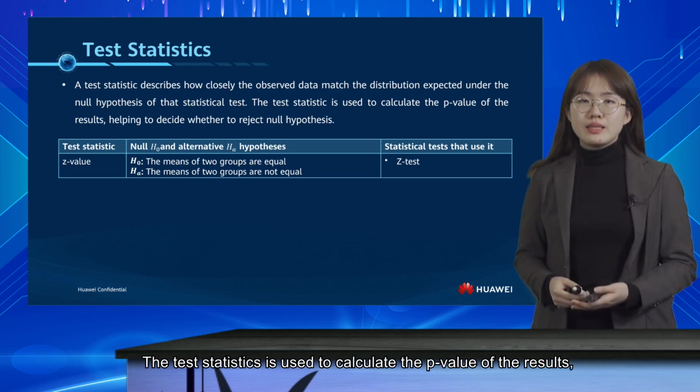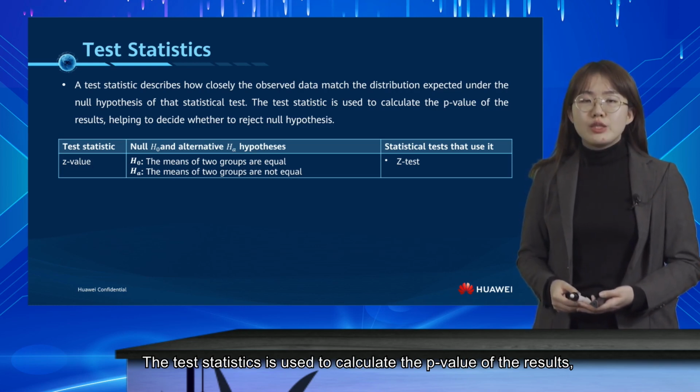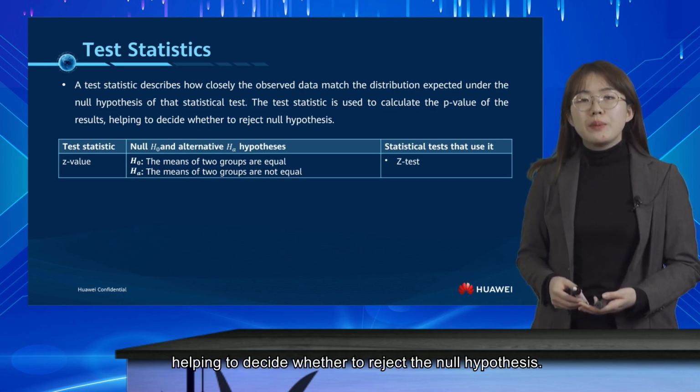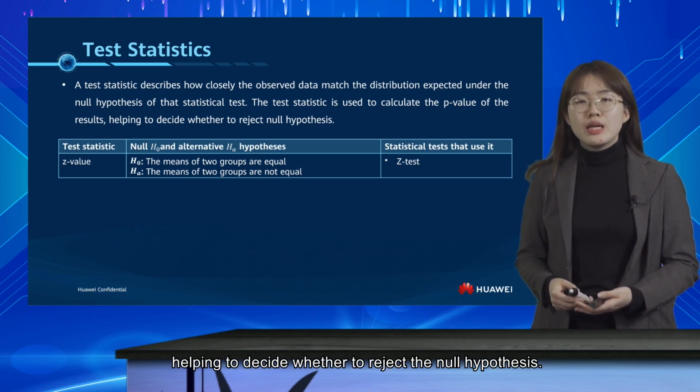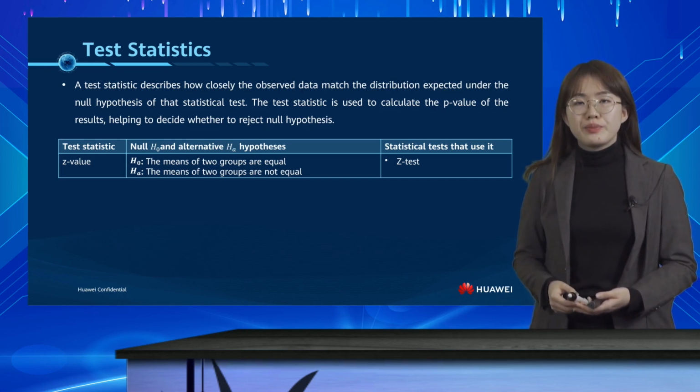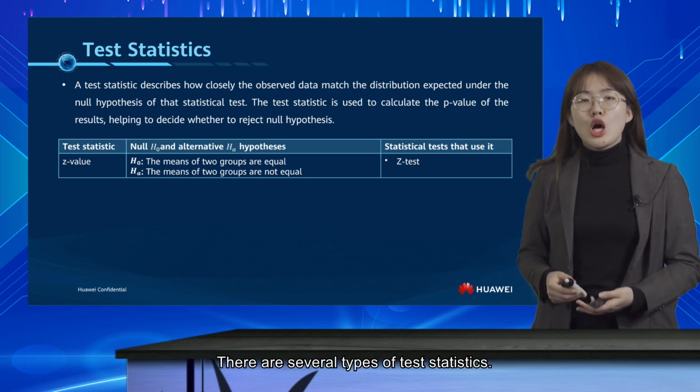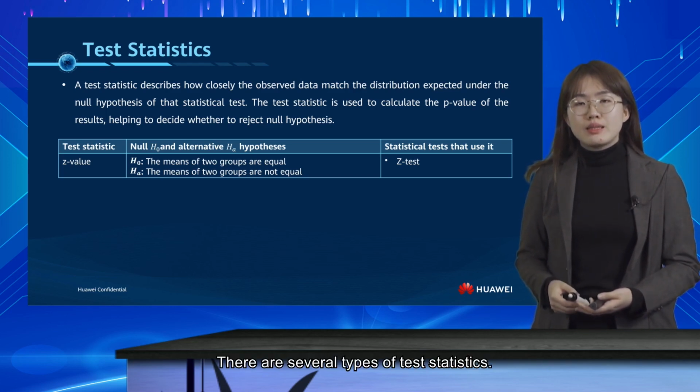The test statistic is used to calculate the p-value of the results, helping to decide whether to reject the null hypothesis. There are several types of test statistics.